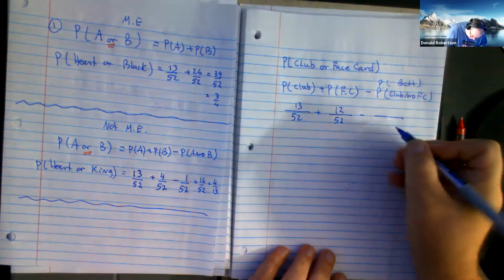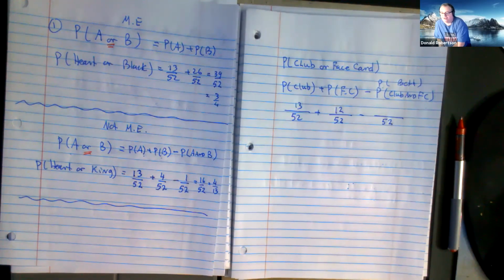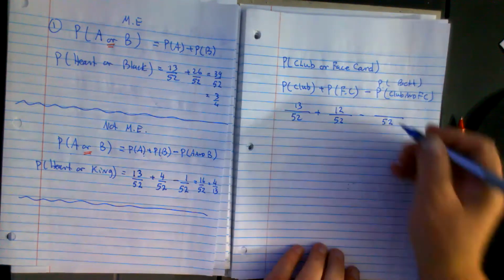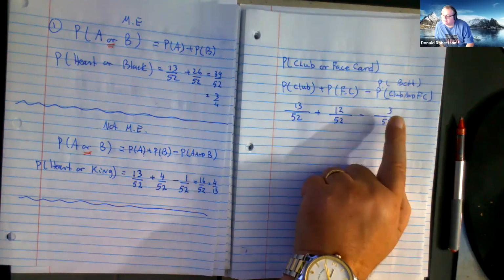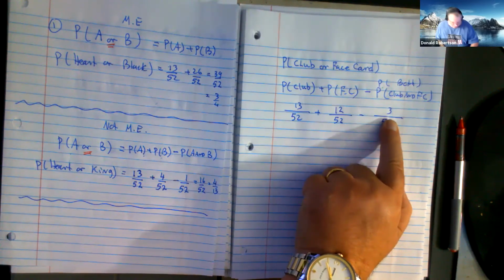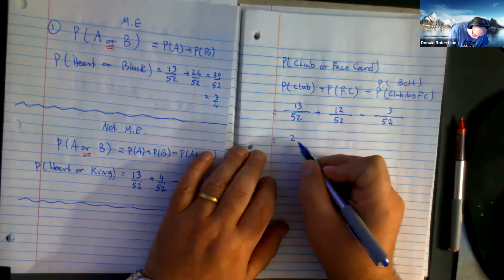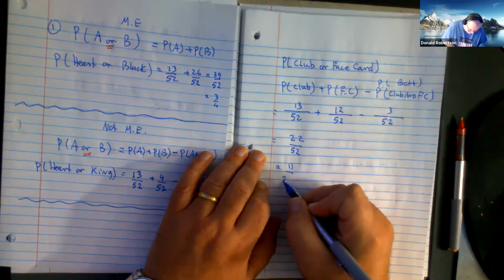Out of the 52 cards in a deck, how many are club face cards or face cards that are clubs? 3. So do you see that the double dipping here is 3? Right. So what you would get when you combine these is what, 22 over 52, and I believe that's 11 out of 26.